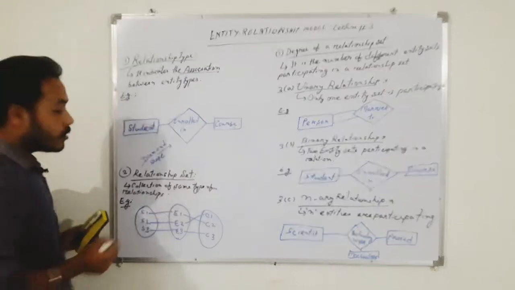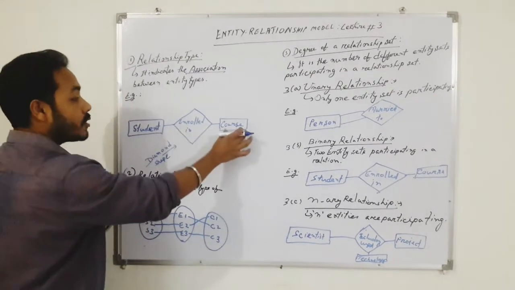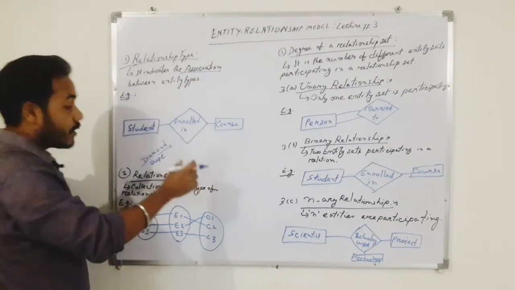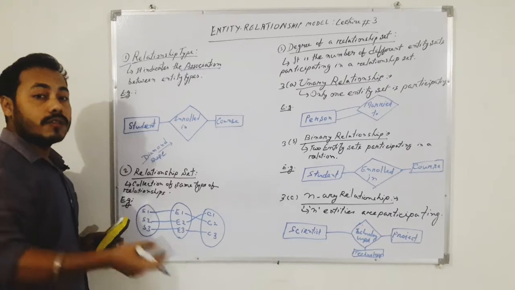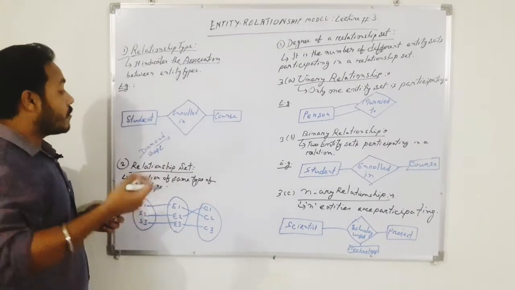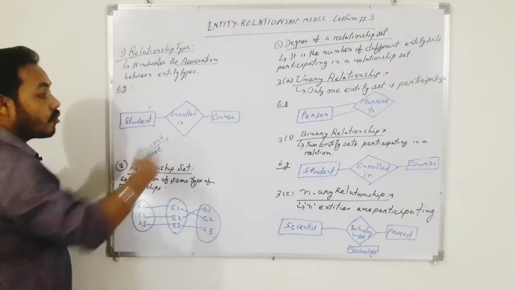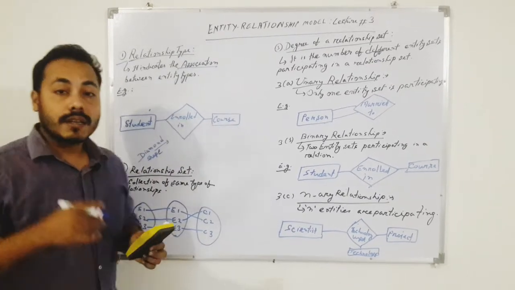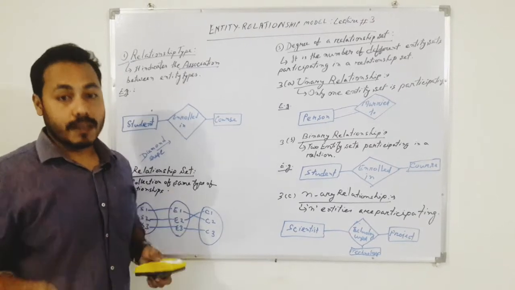As for example, say we have a student entity type and a course entity type. Suppose Rahul and John are the different students we may have in the student entity type. And in course, suppose we have MTech in IT and MSc in IT, different courses available.